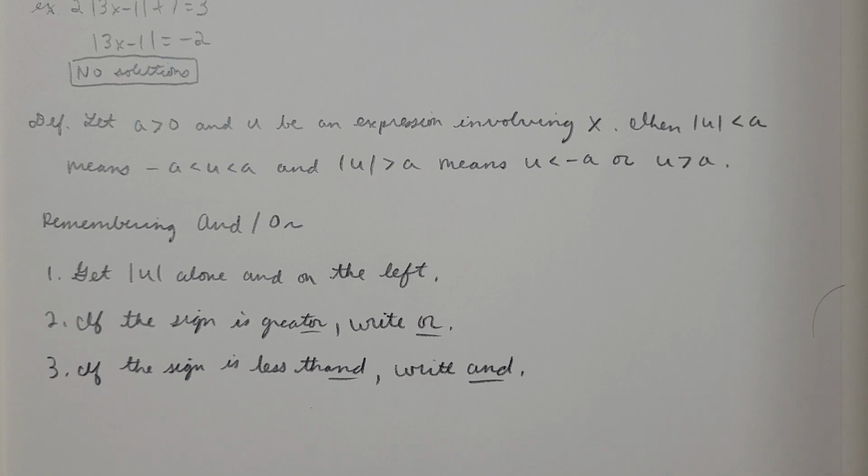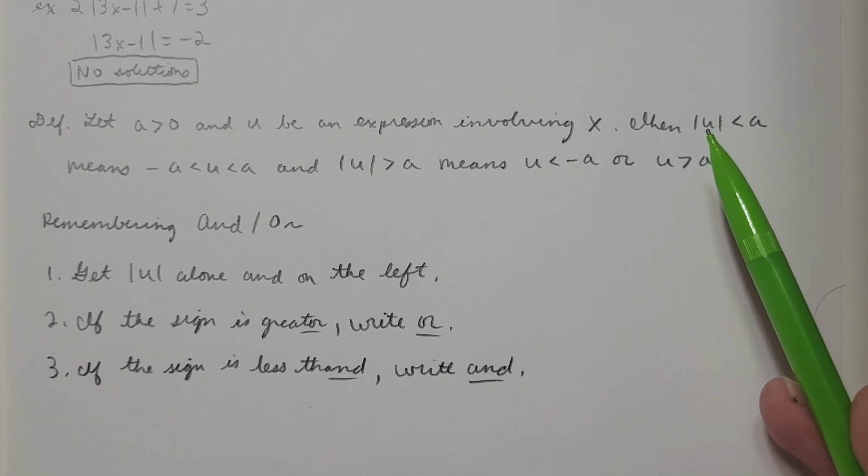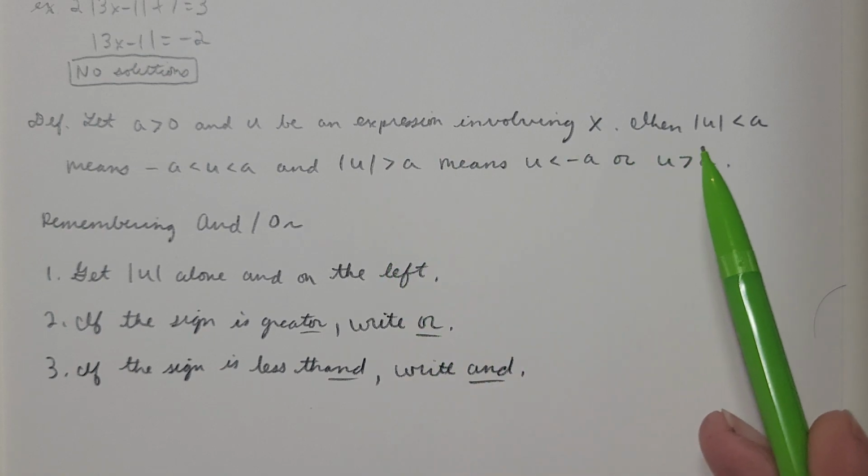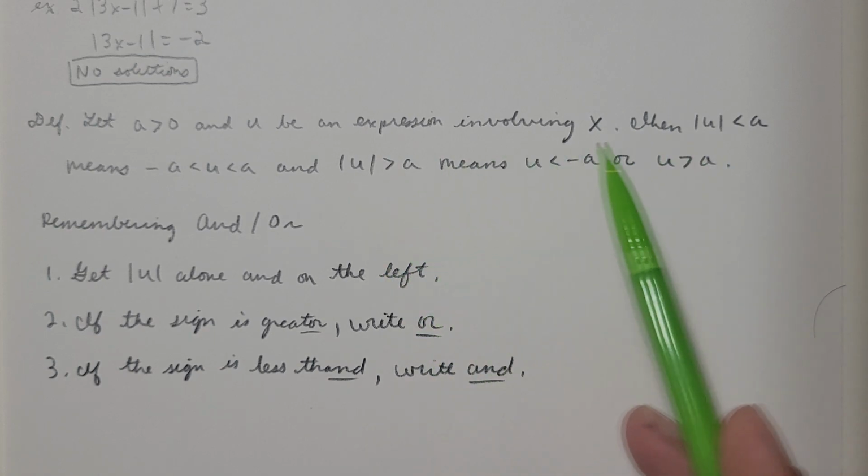Now here's a way to remember and versus or, and which word is going to be necessary to write down. Regardless of whether I have an and or an or statement, the first thing I need is to get the absolute value of U all alone and on the left. That's what I see here.